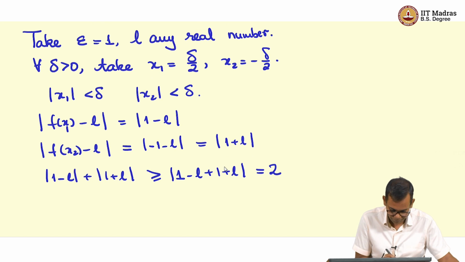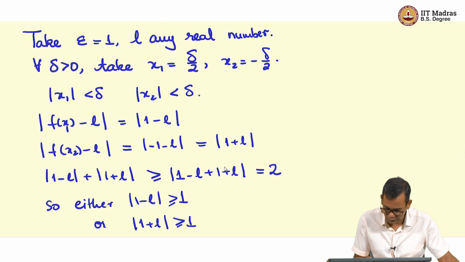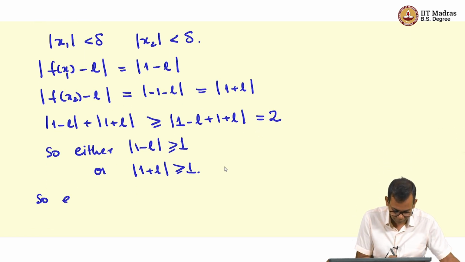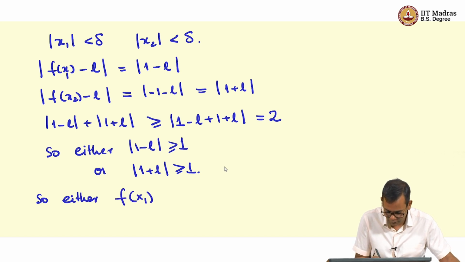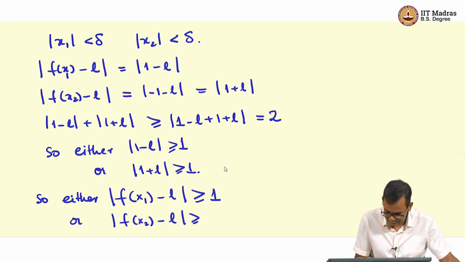And so either 1 minus L in absolute value is greater than or equal to 1, or 1 plus L in absolute value is greater than or equal to 1. What that means is the absolute value of f of x1 minus L is greater than or equal to 1, or f of x2 minus L is greater than or equal to 1.